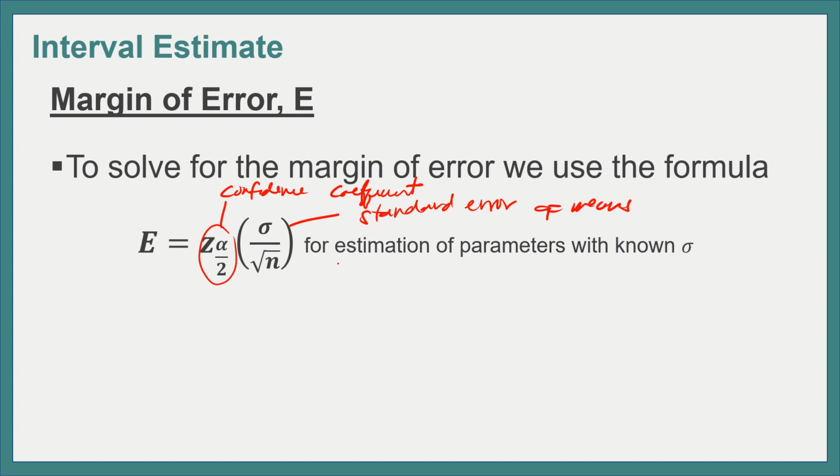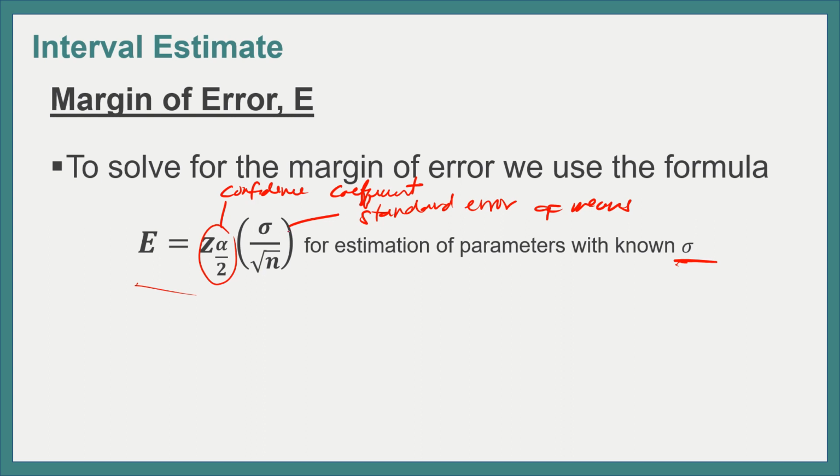This equation is used when we are estimating parameters with a known population standard deviation. So if we know the population standard deviation, then we can use this equation, wherein our standard error is equivalent to the population standard deviation divided by the square root of our sample size.